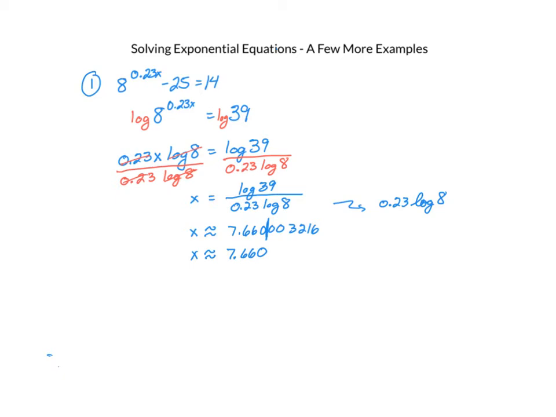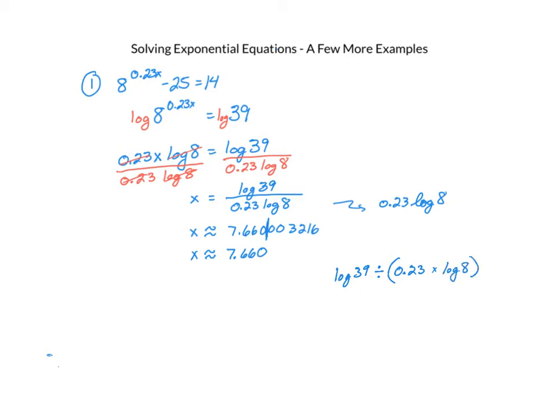So you could have that look like this. If you're punching it into a calculator, it could be the log of 39 divided by, and put in parentheses, the 0.23 times the log of 8.